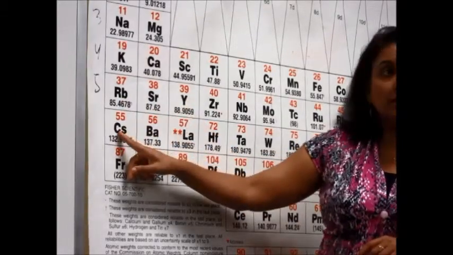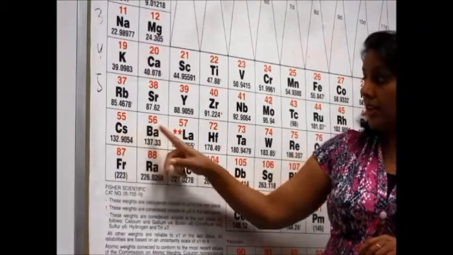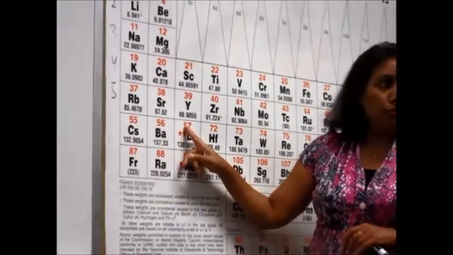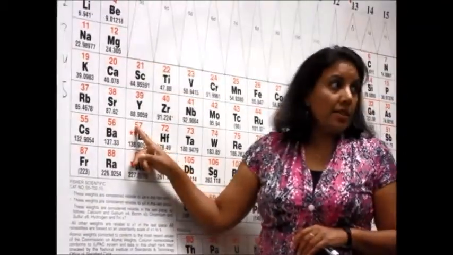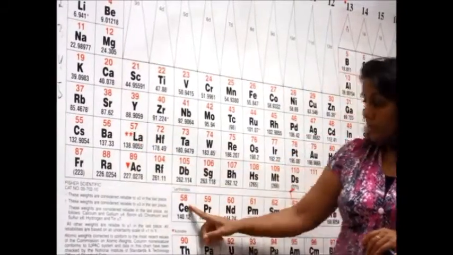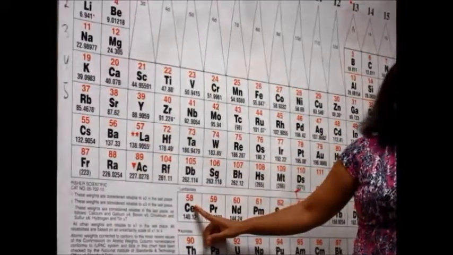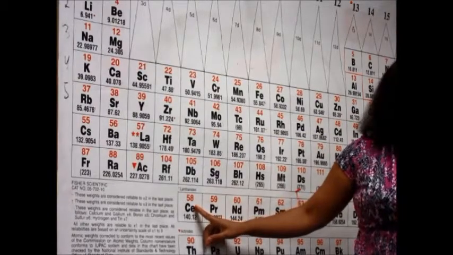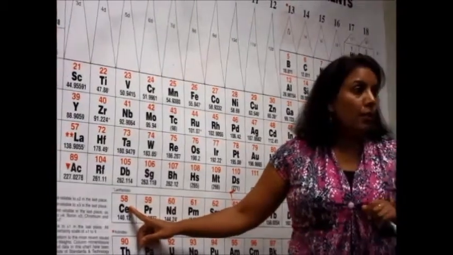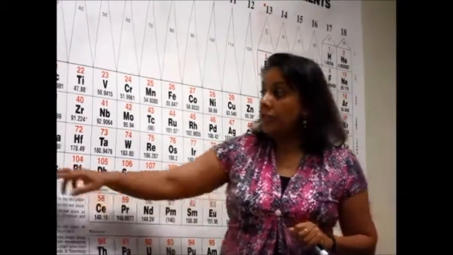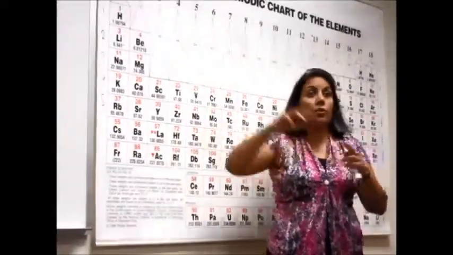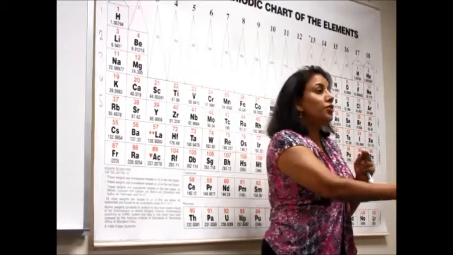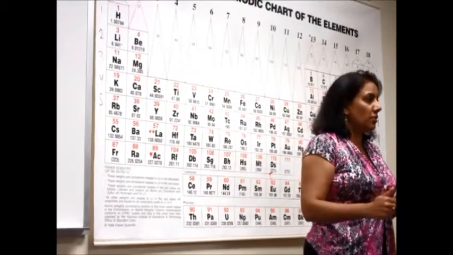This is 6s, and this is 5D, right? This is where the F starts. What's the shell number for the F over here? 4. It should be 4, which means after the 6th shell is when you go all the way inside to the 4th shell to fill out the F electrons.